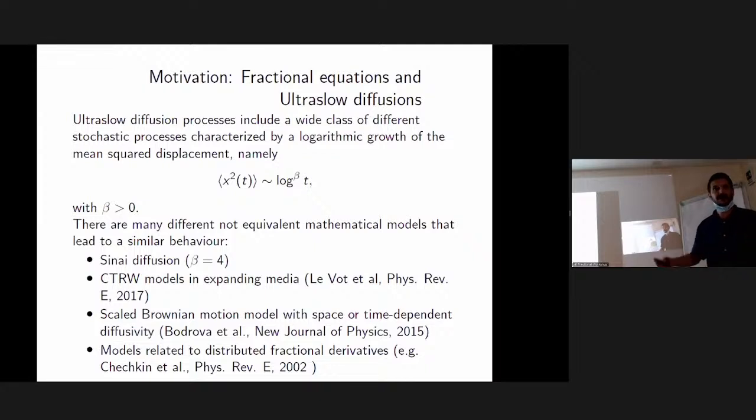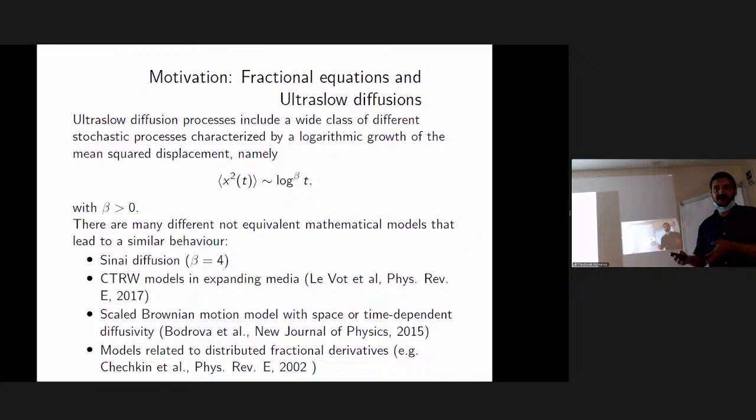This is well known in physics, but also in applied mathematical models. But there is also what is known as ultra-slow diffusion, where the mean square displacement goes as a power of a logarithm.